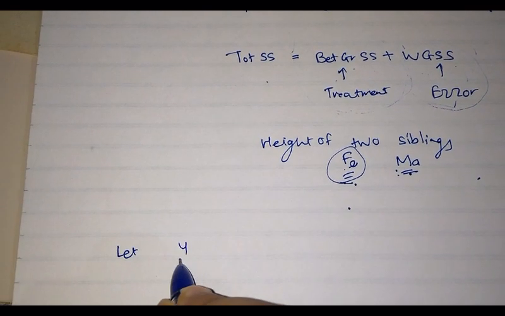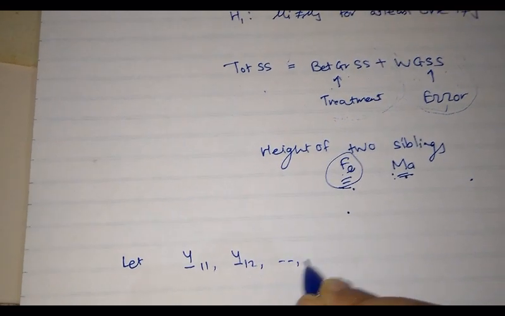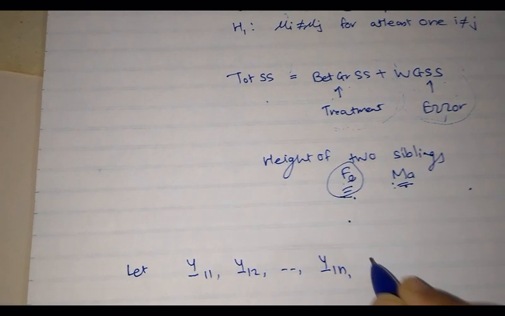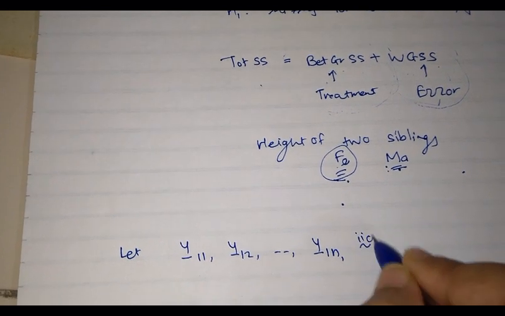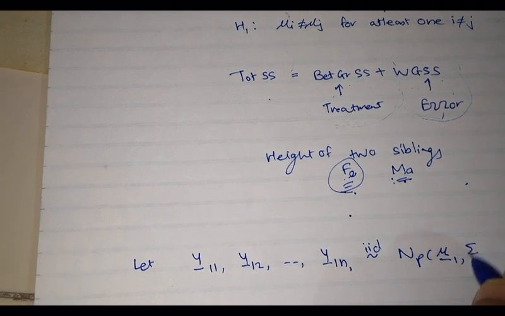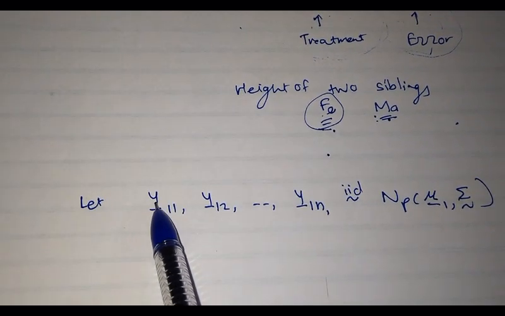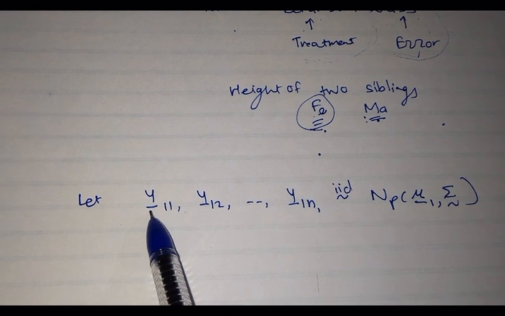So suppose y11, y12, up to y1n1 are IID observations coming from N_p(mu1, sigma). Let me try to explain the notations first. Even though I am writing y11, I am still using vector notation.